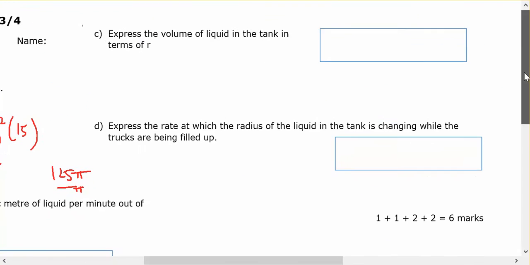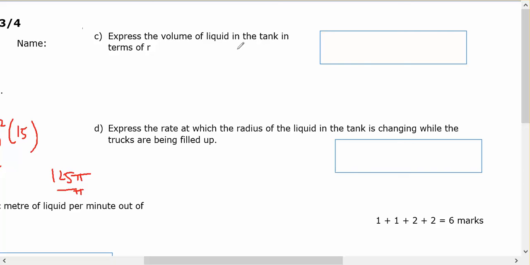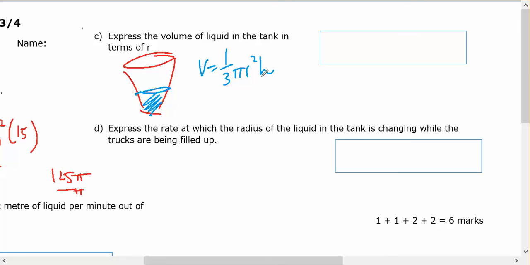Part C then asks to express the volume of liquid in the tank in terms of r. So if I've got my tank and I have this amount of liquid in it, the volume is going to be 1/3 pi r squared h.